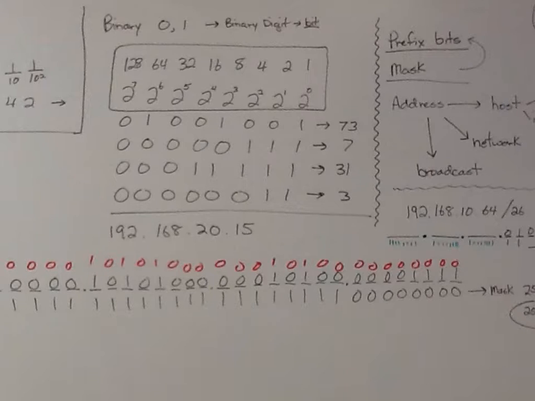Okay, so this is just a repeat of what we had before. So in this case down here, when you AND it, you get this here. So the network part of this address would be 192.168.20.0.